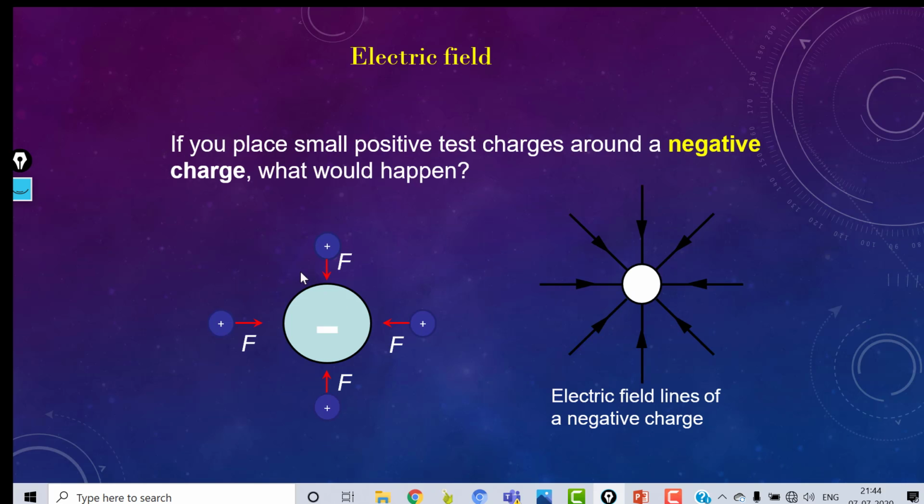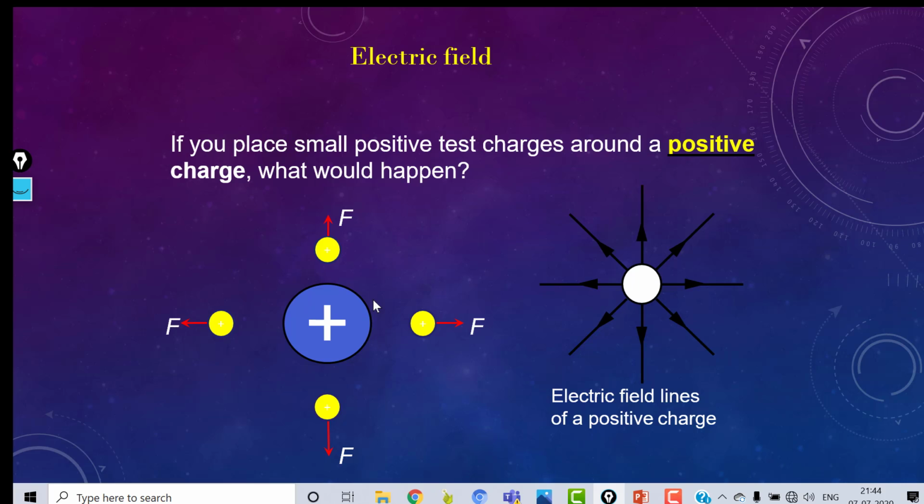For example, if I have a positive charge at the center and other positive charges are surrounding this central positive charge, then these other charges will experience force, and the electric field lines are shown in the second figure like this.